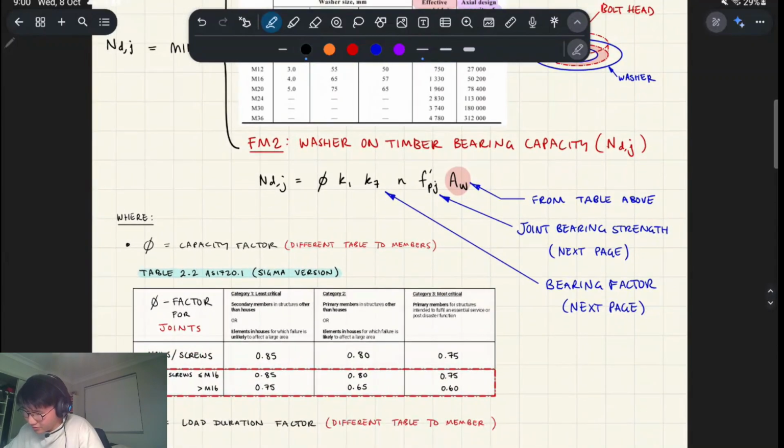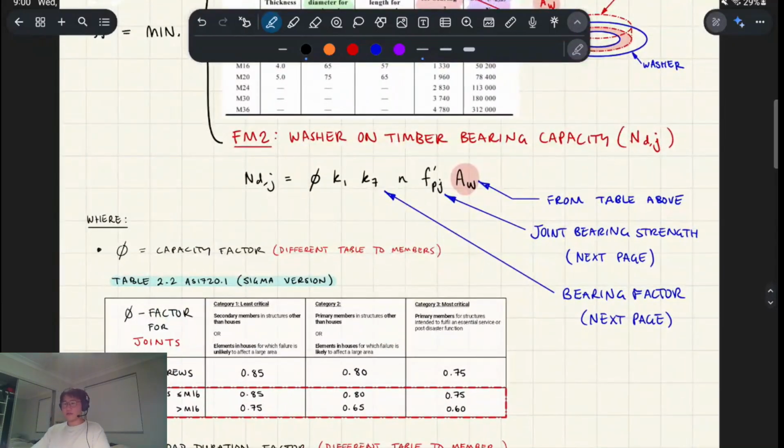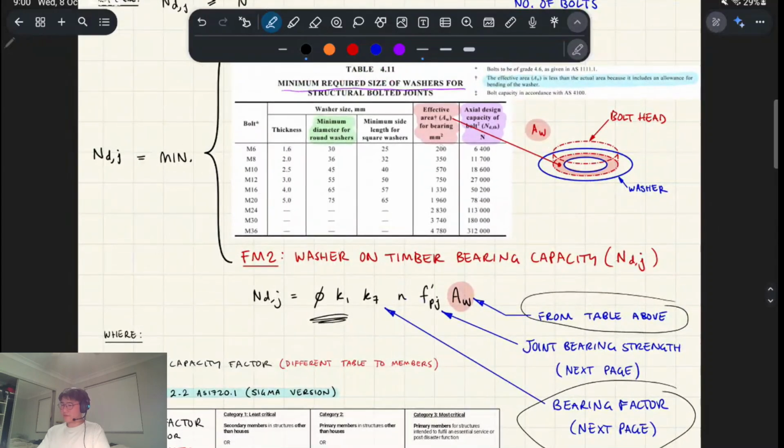The second failure mode, you have to compute with a formula, like how we've been doing it for the rest of it. These two you should be pretty familiar with. K7 is your bearing factor, which we'll talk about in a second. AW is from the above table.